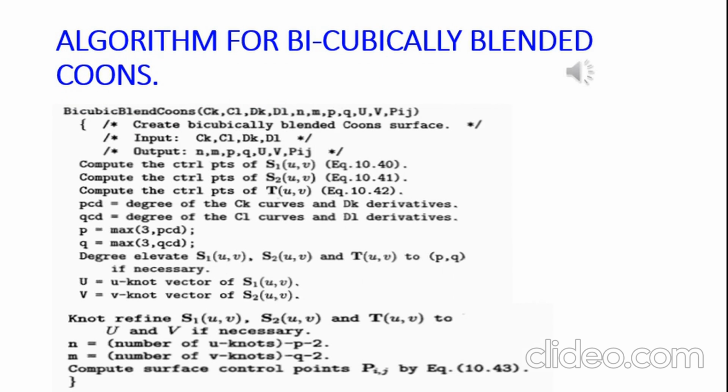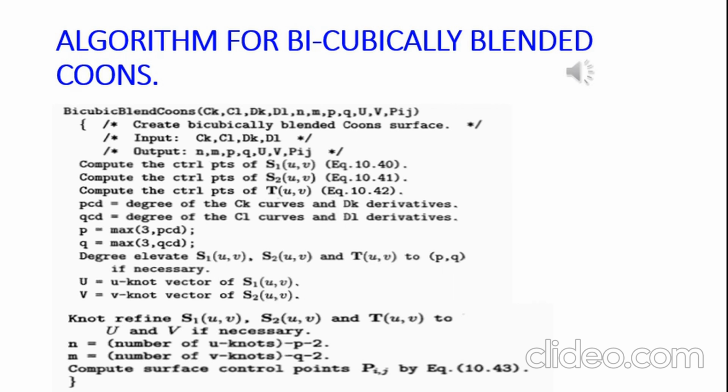Now let's talk about the algorithm used for bicubically blended cones. Here Ck and Cl are the arrays for the curves, and dk and dl are the derivative fields. These four are inputs, and the remaining variables represent the output of the surface. After that, we need to calculate the values of S1, S2 and T using the equations, which I will show you in the next slide.